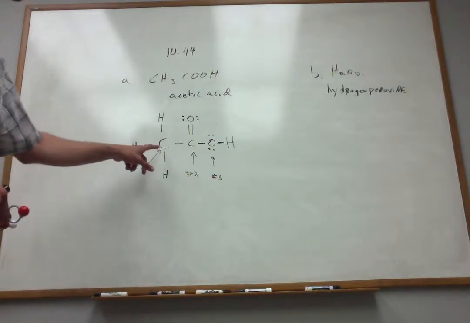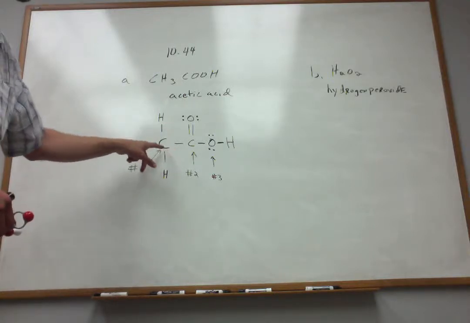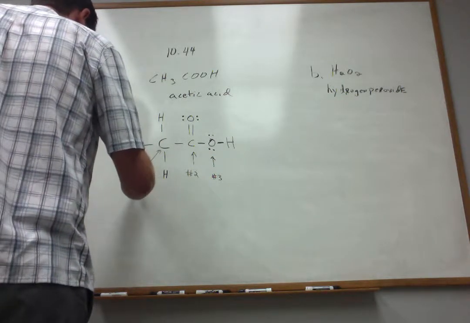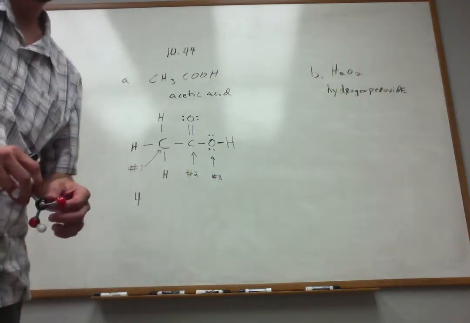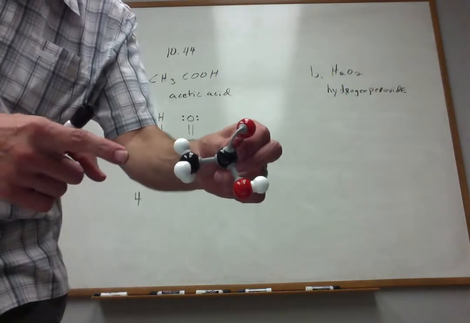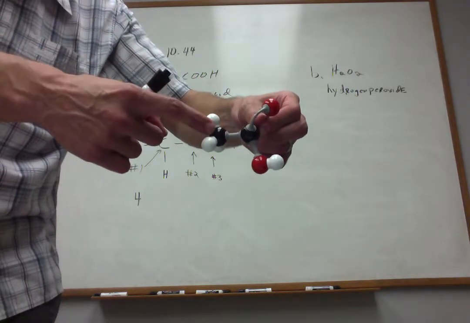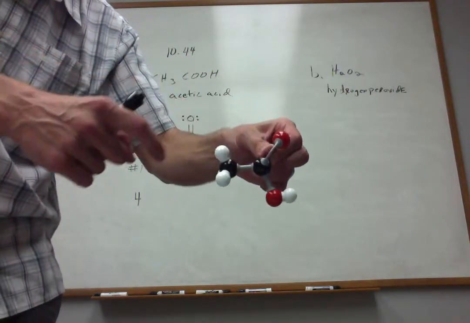So for instance, I look at this first carbon and I say, well, how many regions of electron density does it have around the central carbon? 1, 2, 3, 4. So there are 4 regions of electron density around that central carbon. So it must belong to the tetrahedral base family. And if I look at that carbon in my model, sure enough, I see I got one bond, one bond, one bond down here, and then this one right here, which is very visible.